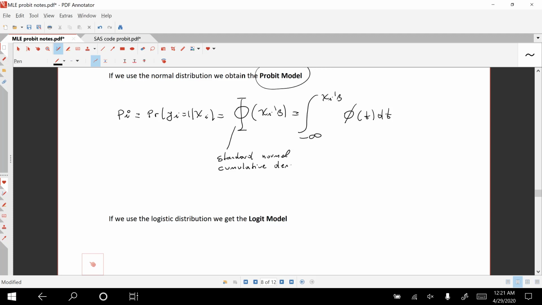Sometimes they call it the CDF. And this is the standard normal probability density function, or PDF.